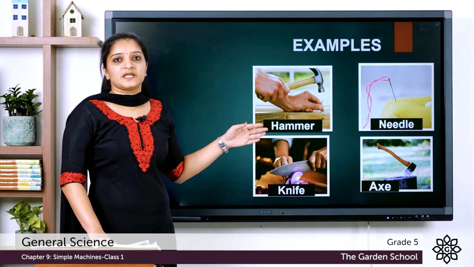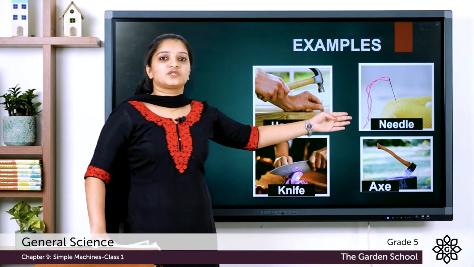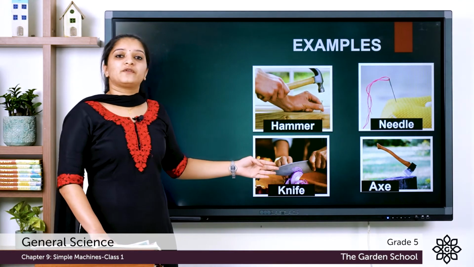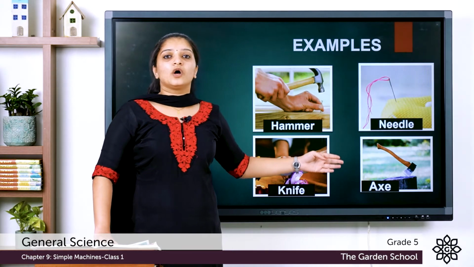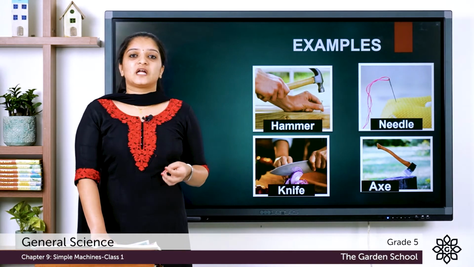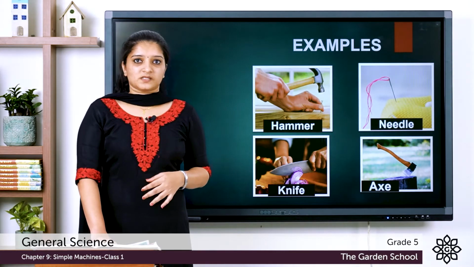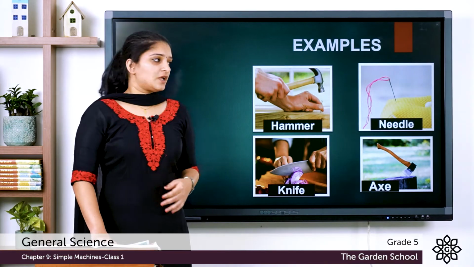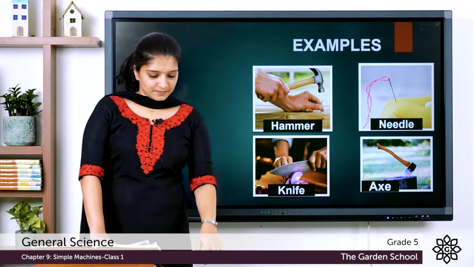The first example is the hammer that we use to fix nails, the needle that we use to stitch clothes, the knife that we use to cut fruits and vegetables, and the axe that we use to cut wood. So, the examples for simple machines include hammer, needle, knife and axe.